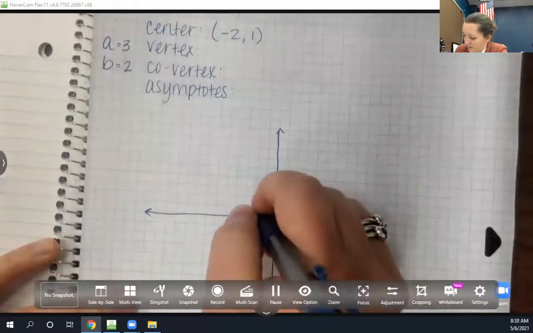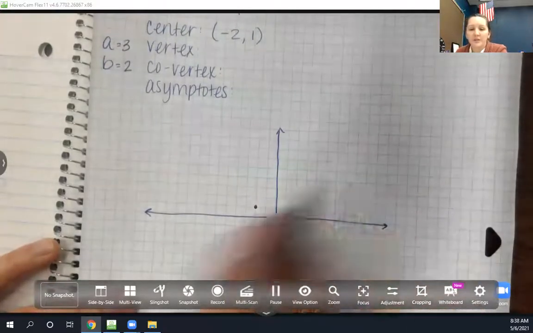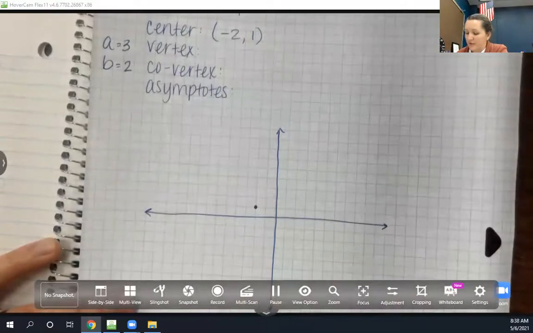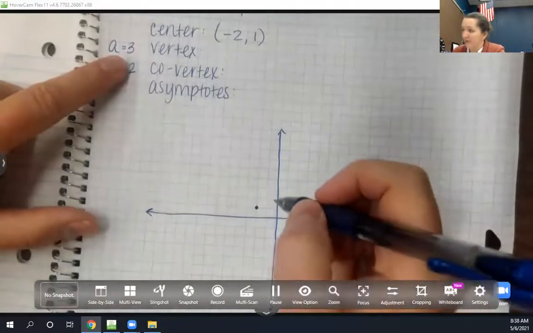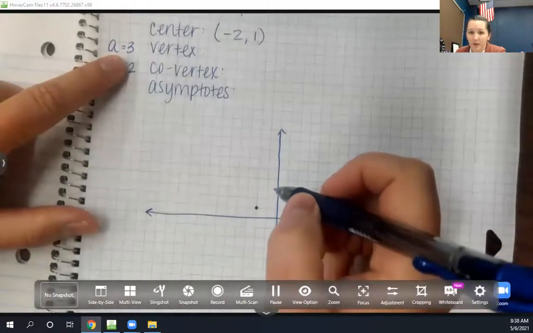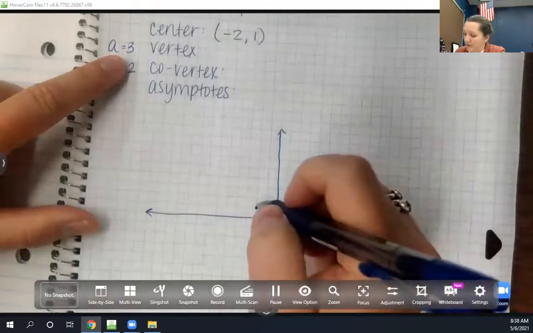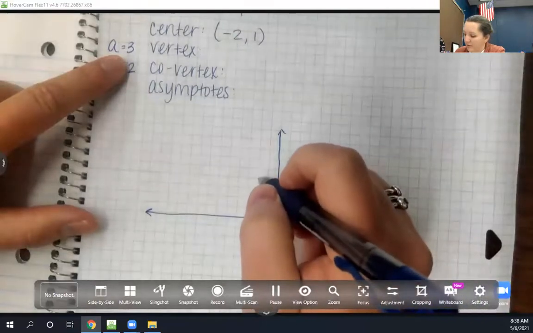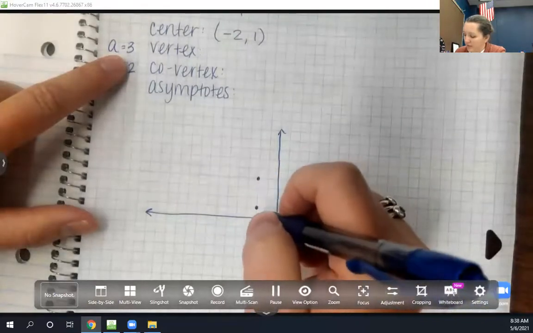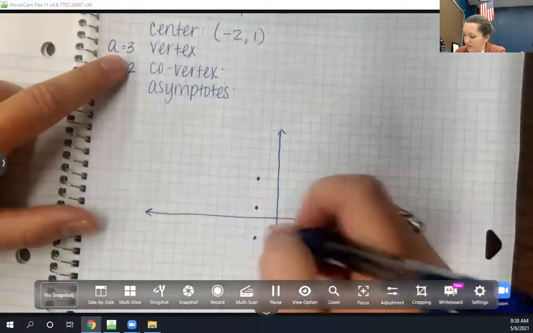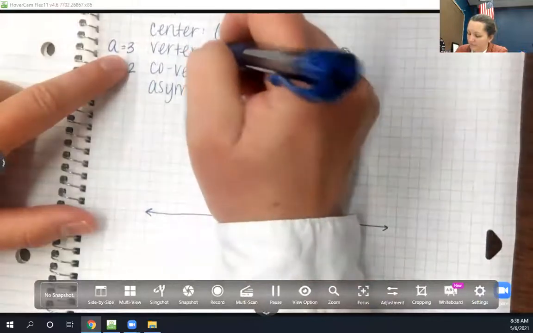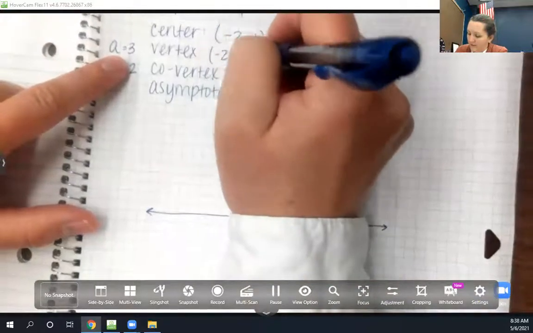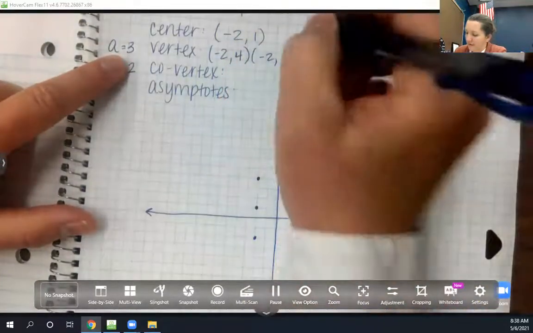So I'm going to make that mark there. It says locate the vertices. We did that. Let's do that now and put it on the graph. Since it is vertically stretched, my vertex is going to go up and down, right? It's going to be up 3, 1, 2, 3, and down 3, 1, 2, 3. So that's -2, 4 and -2, -2.